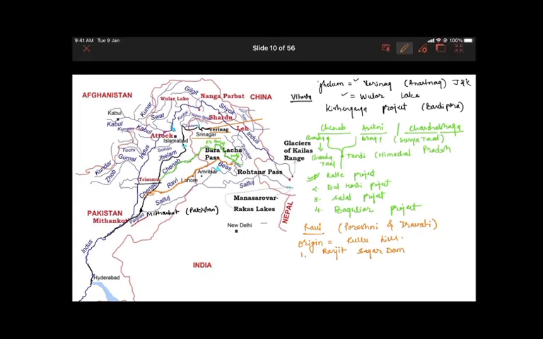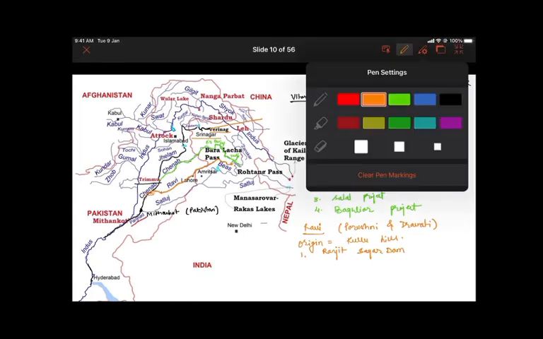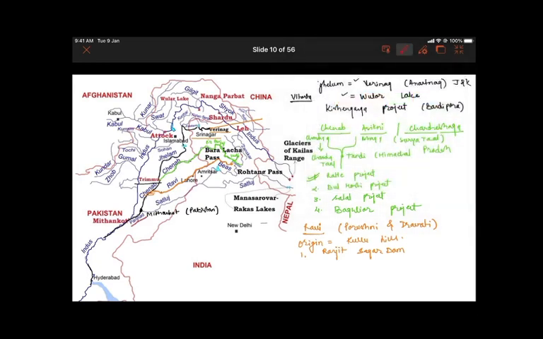Then we come to river Beas. Beas is also called Vipissa or Argikia. Argikia means cord breaker, and it has some story related to it in Rig Veda. Will not go into it.